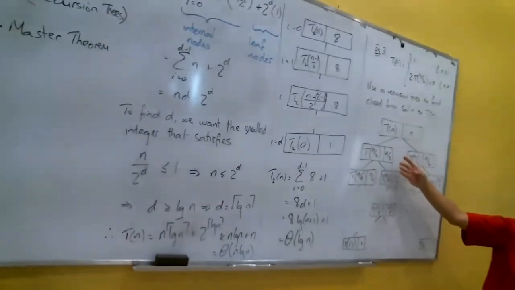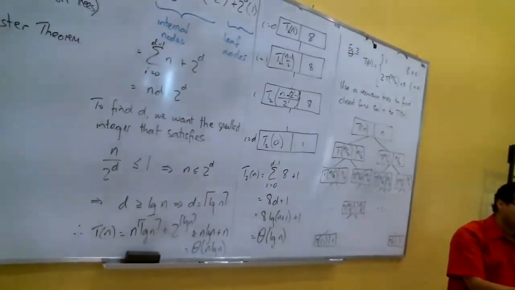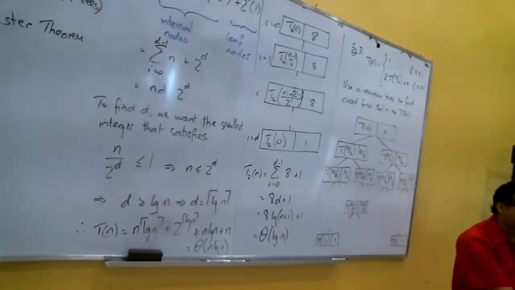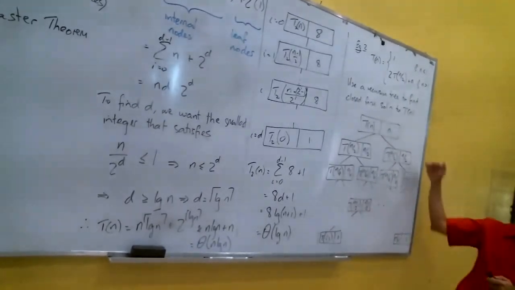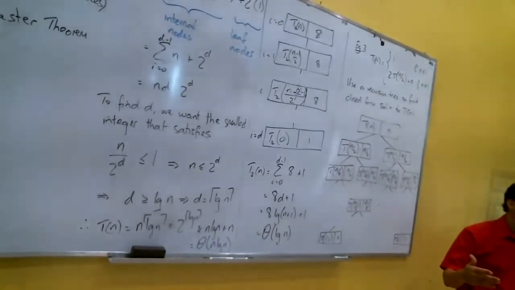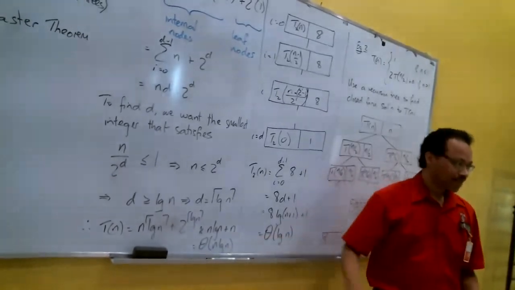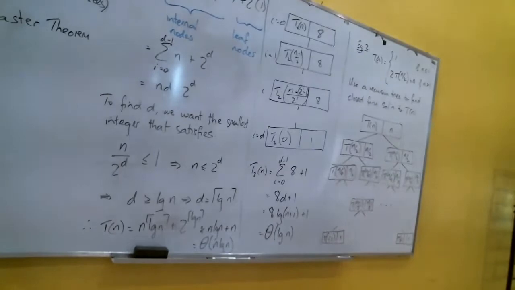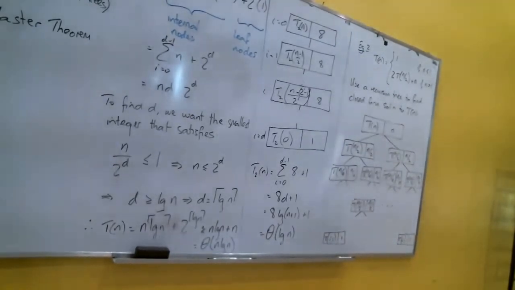So what was happening is that the rate at which the number of nodes were expanding matched exactly the rate at which the input size was diminishing. So they kind of canceled each other out, and every level ended up contributing equally to the total. Right? And that's how come I ended up with n log n. That's going to be a general pattern. That's going to be one of the cases of 3 that you have to look out for.